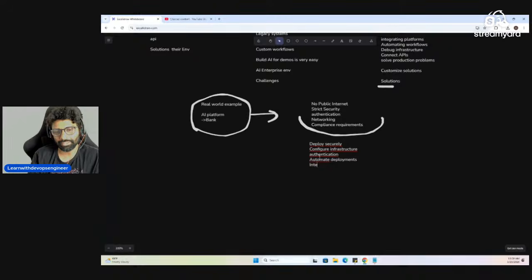Integrate APIs. This is also something we do as DevOps engineers, but here we need more knowledge about how to integrate, for example, your internal applications with models. There is a lot of communication going on about what kind of data goes in and out, and also where exactly this particular model is going to sit.